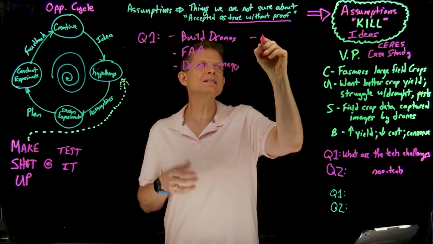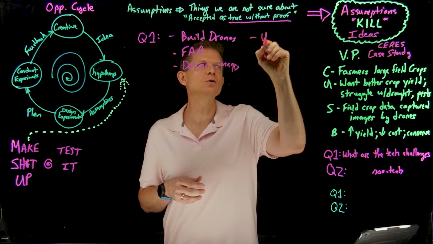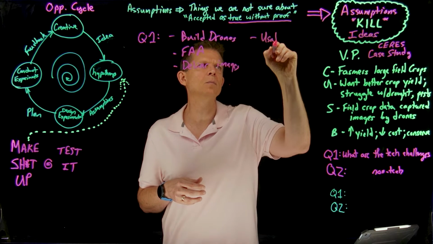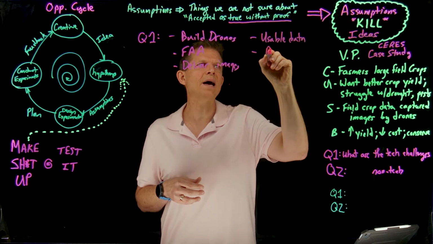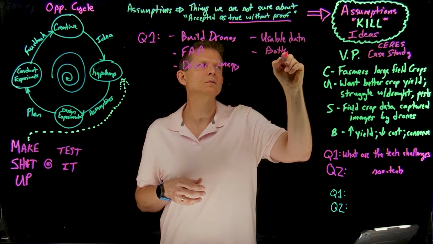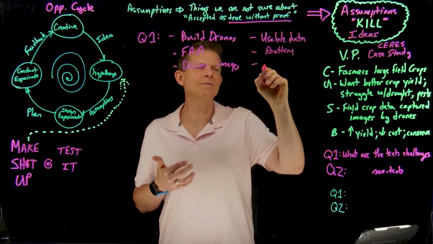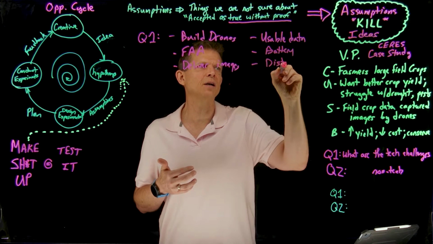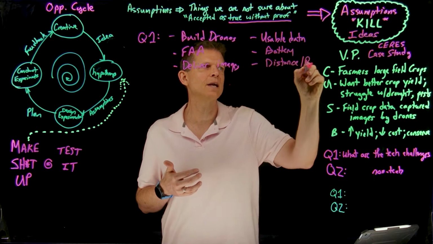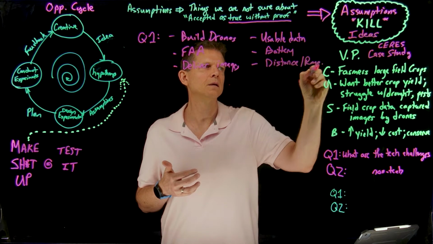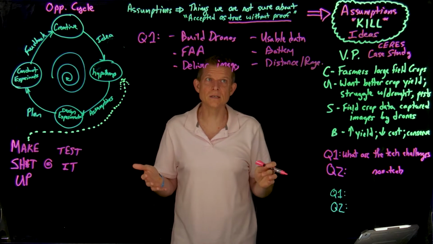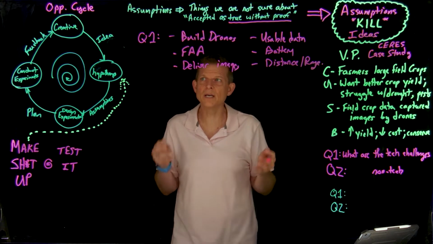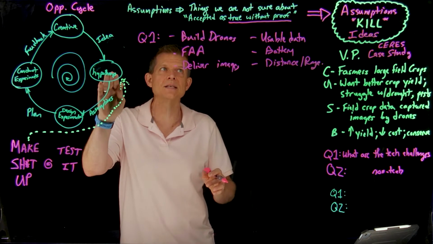Can we translate images to usable data? What's the battery life of a drone? Can they fly far enough? Their range, the distance. So these are some of the technology challenges that we will have to overcome in order to deliver our hypothesis.